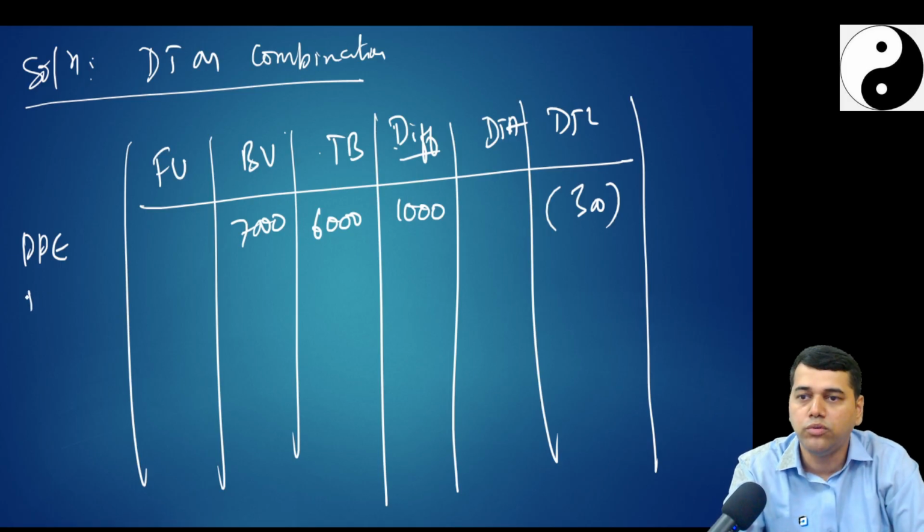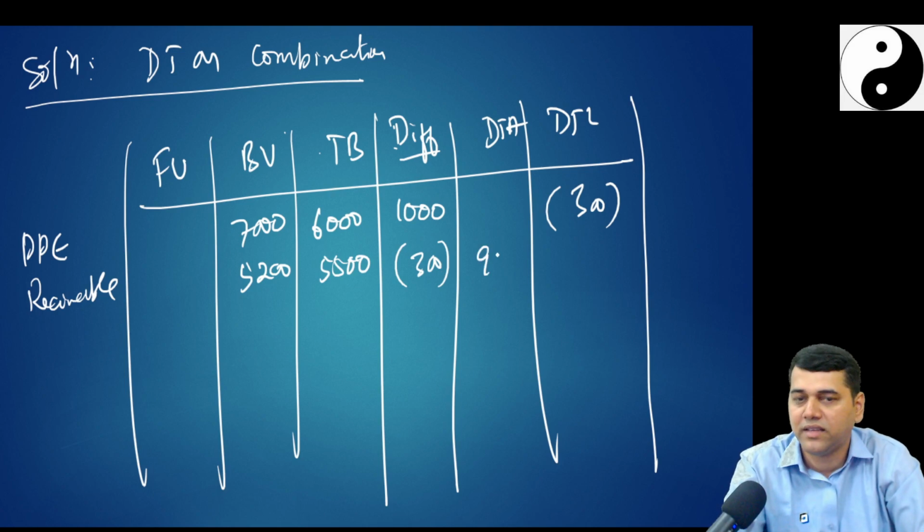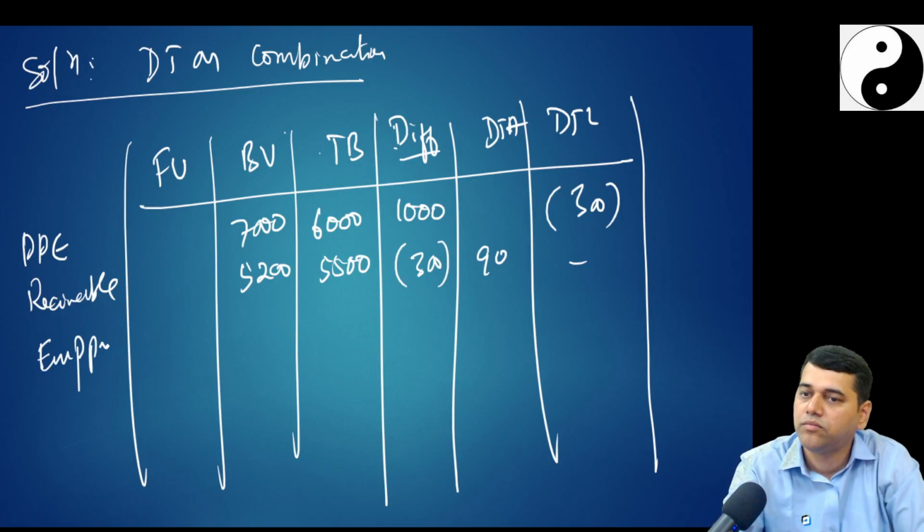Then I'll go to receivables. 5,200 is my book value. 5,500 is my tax base. 300 is the difference. On this, a deferred tax asset is going to come. Then I have got the employee provision, whose book value is 900.